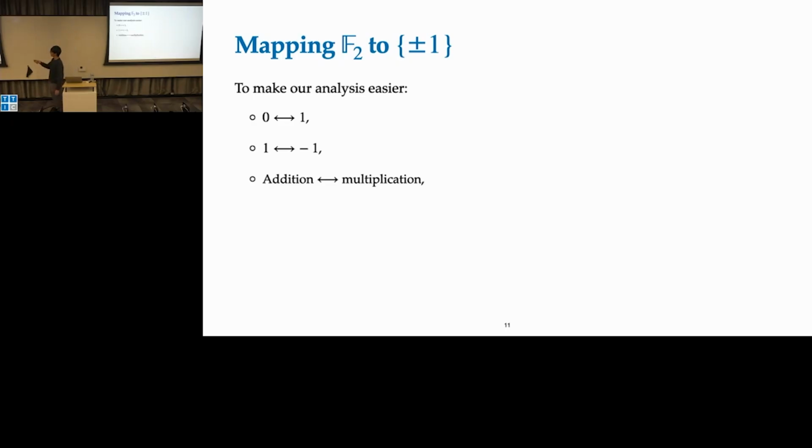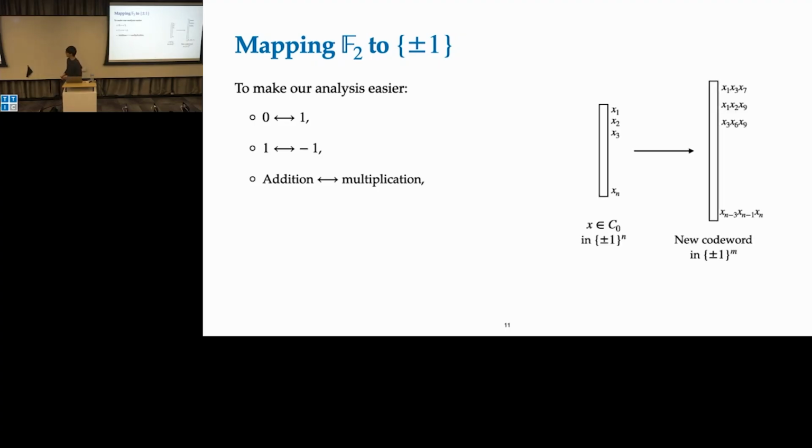This is because if you add 1 in F2, this is flipping a bit, and multiplying by negative 1 does the same thing. So in the previous picture, now we have a vector in plus minus 1, and our new codeword will have every entry being a product of entries in the original codeword.